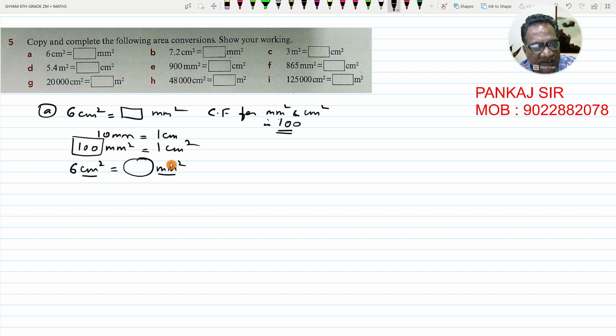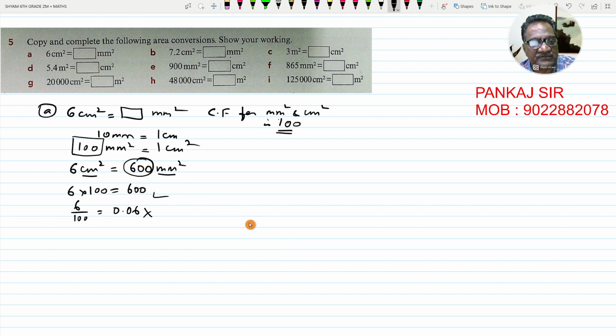Now, what can be done with this 100 to get an answer which is bigger than 6? There are two options: either you multiply or you divide. If I multiply 6 by 100, I get 600, which is bigger than 6. And if I divide 6 by 100, I get 0.06, which is smaller than 6. I don't want the smaller answer, I want the bigger answer. So 6 centimeters squared will be 600 millimeters squared.